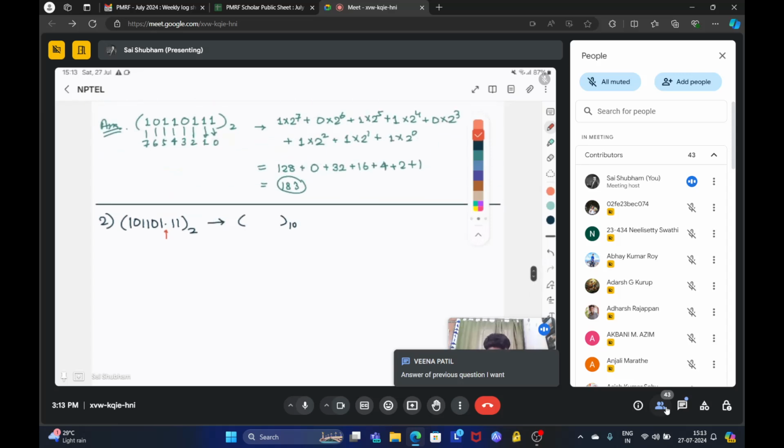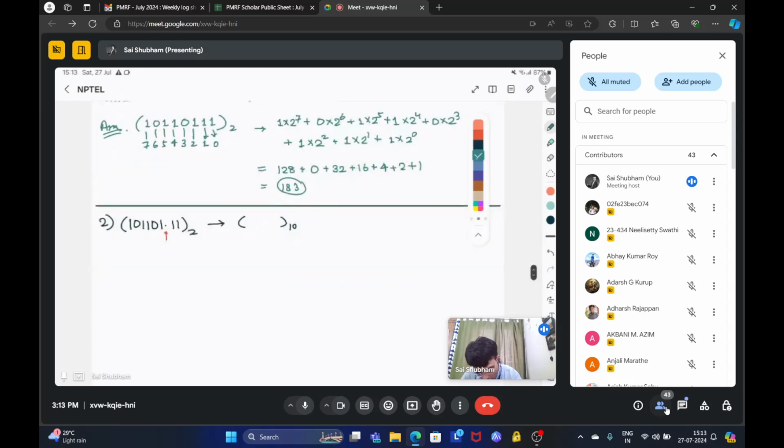The answer of the previous question is 183. So let me give you all a hint. If this position is 0, then this position goes as -1 and this is -2, and you have to use the same logic and extend it.